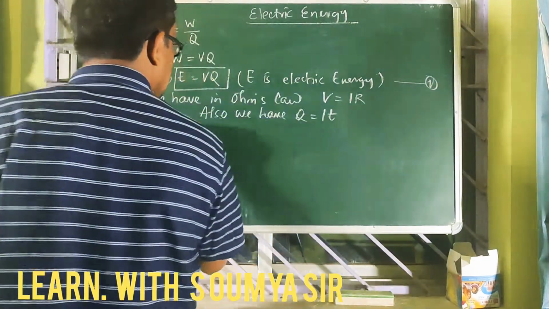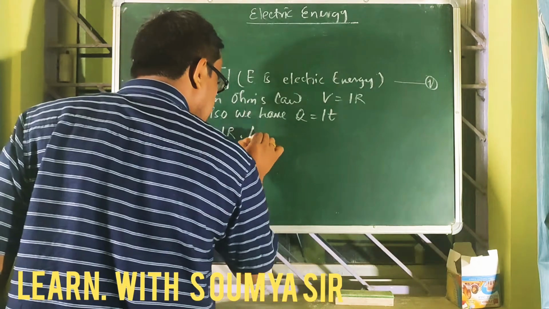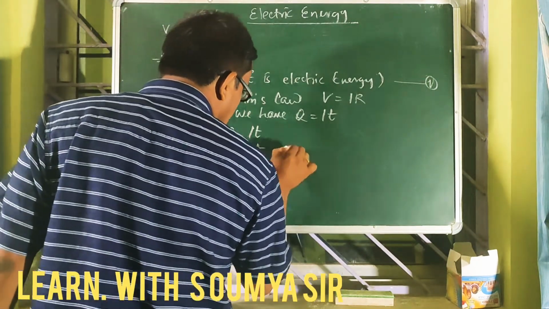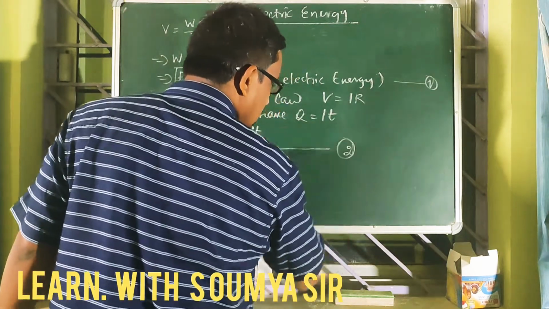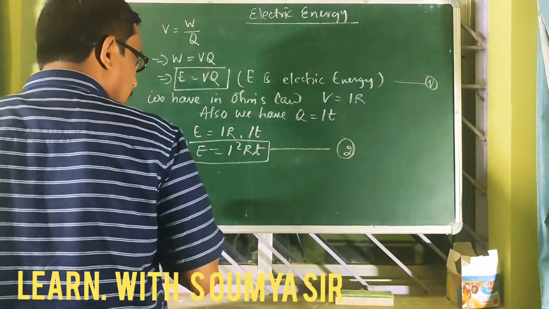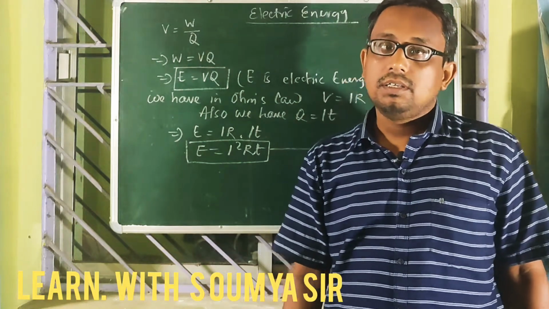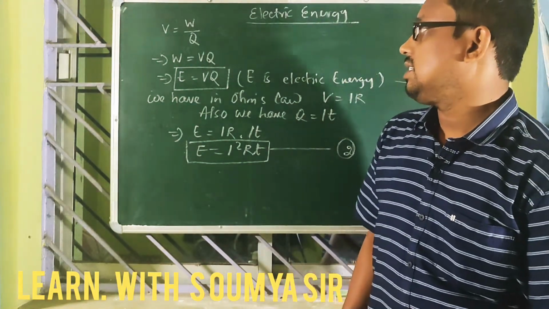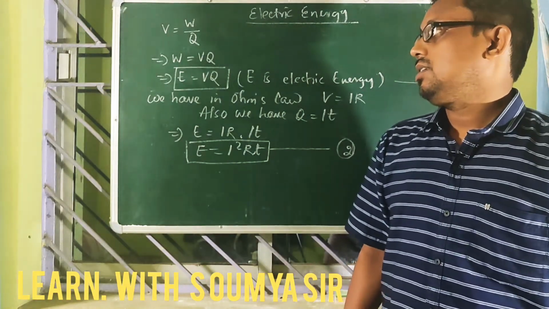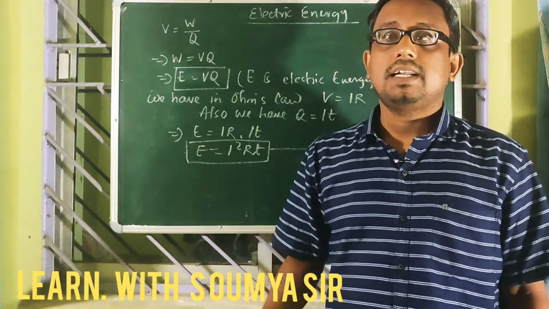So we can write E is equal to IR into IT, which is I square RT. This is the second equation, electric energy E is equal to I square RT. Clear? So the first formula is E is equal to VQ. The second formula is E is equal to I square RT.